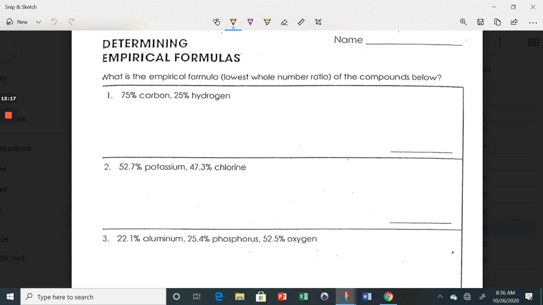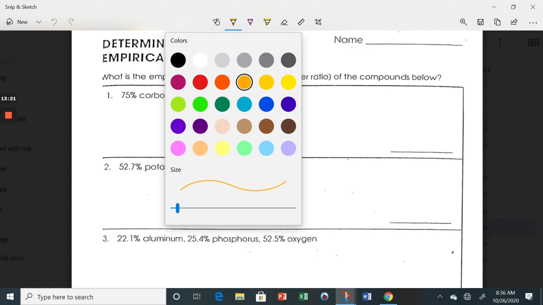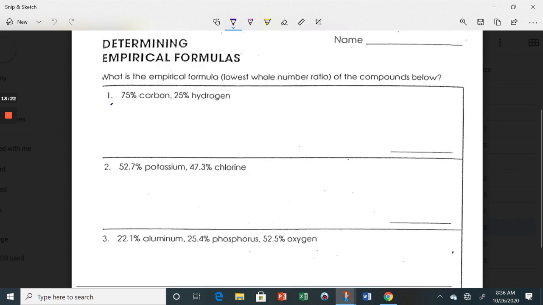So I change that percentage, and I'm going to change my color pen just so it's a little darker. Okay, so I'm just going to change that to grams. Take my hydrogen, change it to grams. Okay? So that's step 1. Step 2 is to go to the periodic table and now divide it by its formula weight. Okay, so I'm going to do that division and I'm going to get a result.